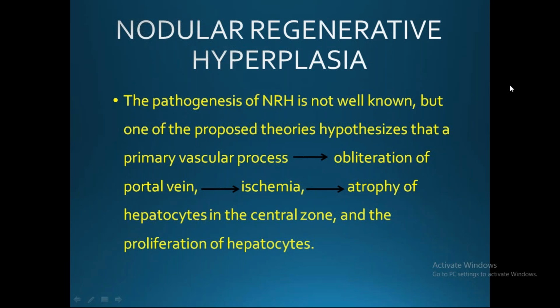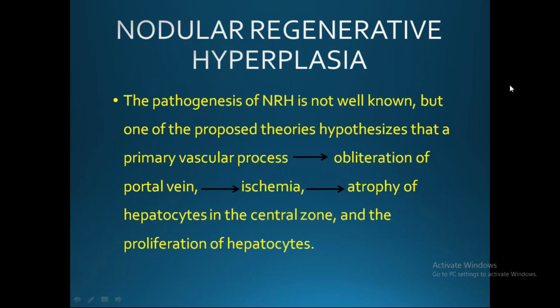The main pathophysiology is that the vessels present in a certain area of the liver get distorted. This leads to obliteration of the portal vein, which is the main supplying blood vessel to the liver.